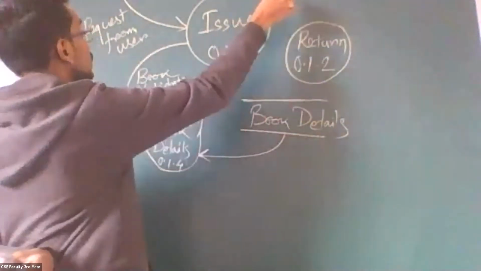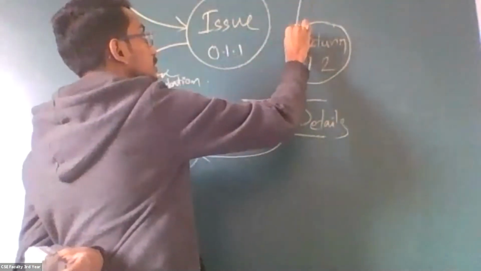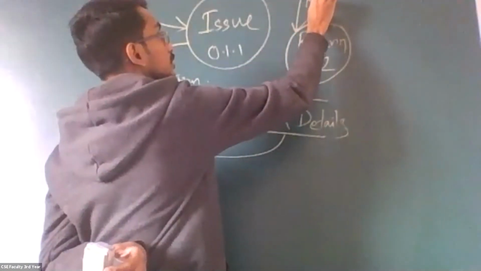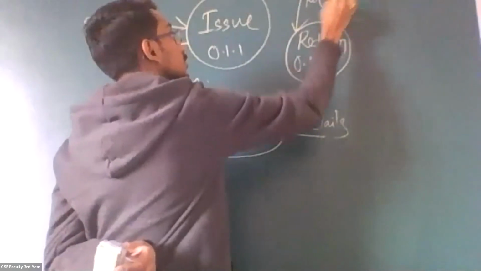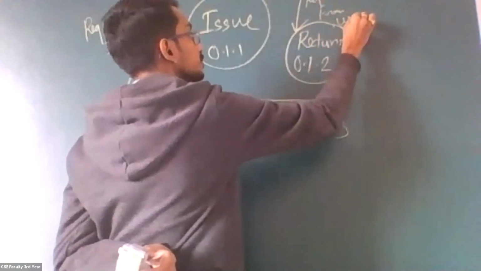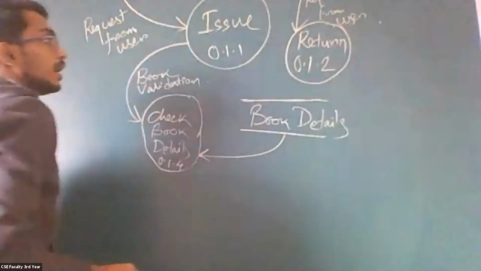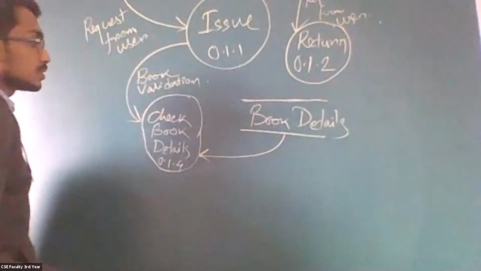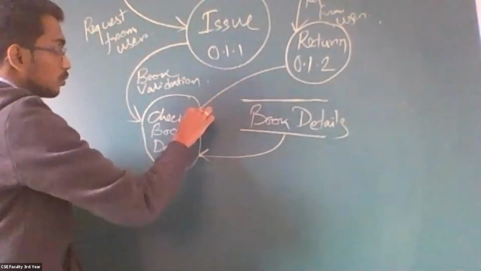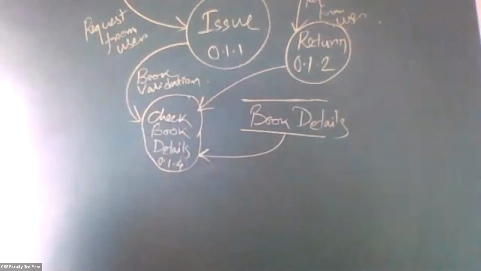Okay. So this is also the same request from the user. Request from user. And this return process will need to access this check book details also.